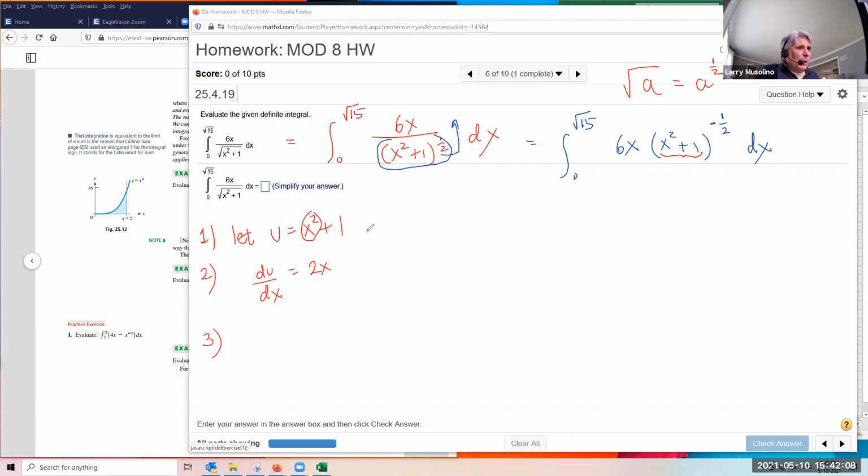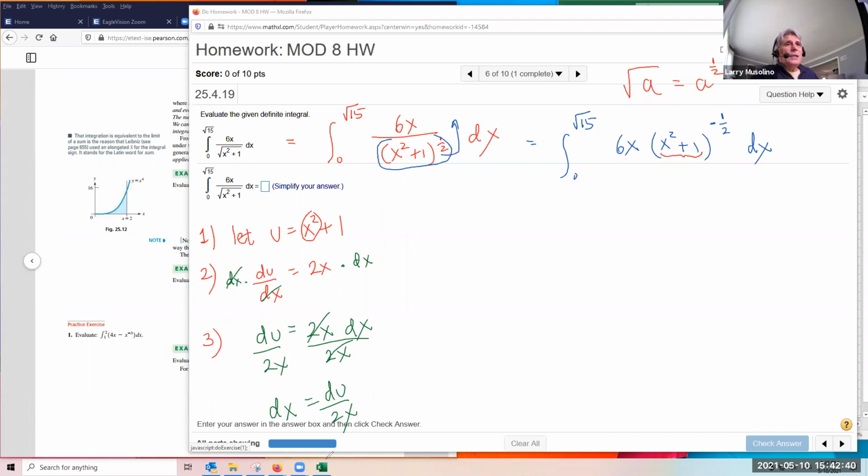But if you remember, now we want to solve this equation for dx. So I'm going to multiply both sides by dx here. That cancels with that. I end up with du is equal to 2x dx. Now I'm going to divide both sides by 2x. So that gets me dx is du over 2x.